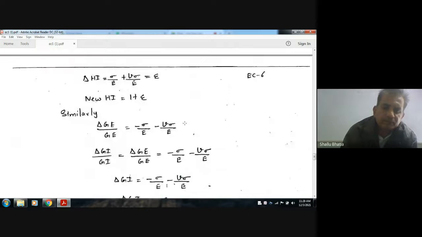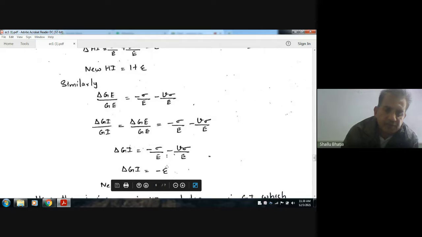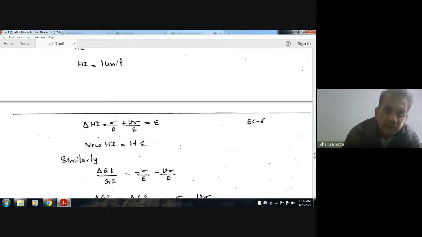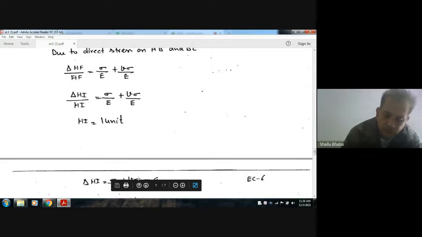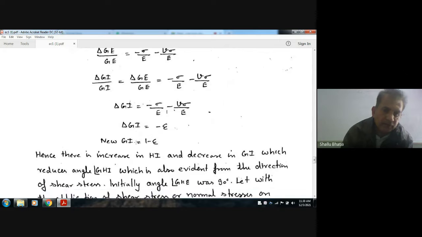Now del GI will be equal to minus sigma by E minus mu sigma by E. This quantity is the epsilon we assumed, so with the minus sign it will be minus epsilon. Initially GI was 1 unit, so the new GI is 1 minus epsilon.